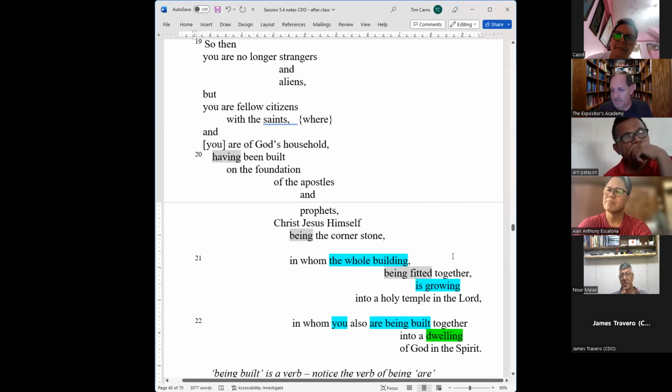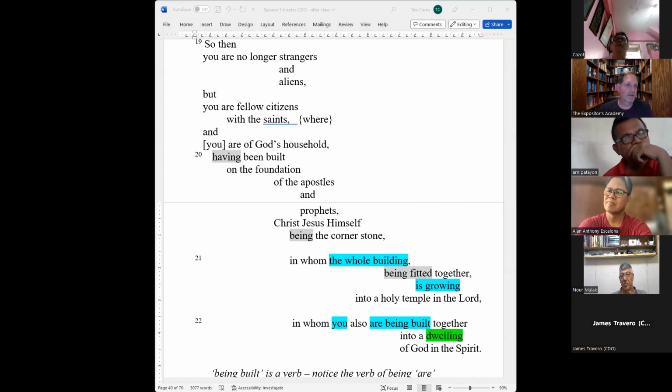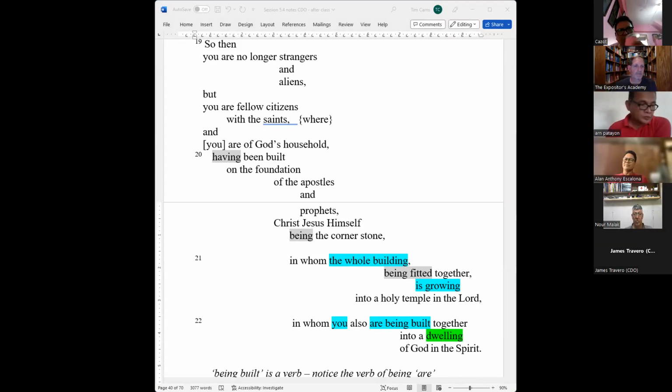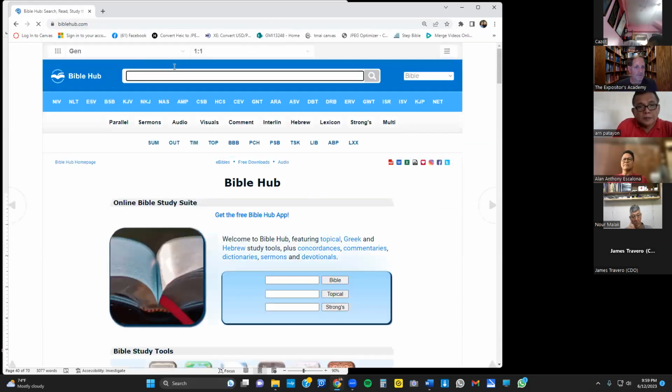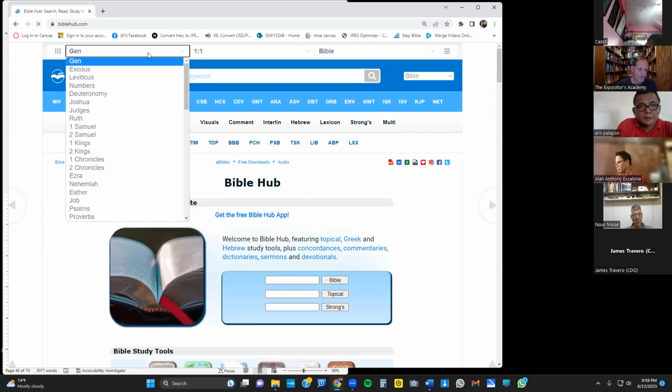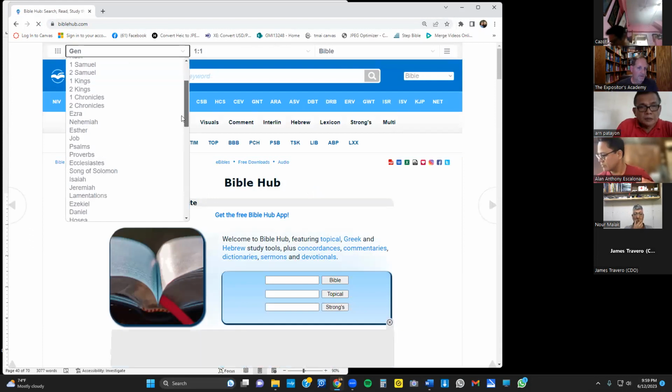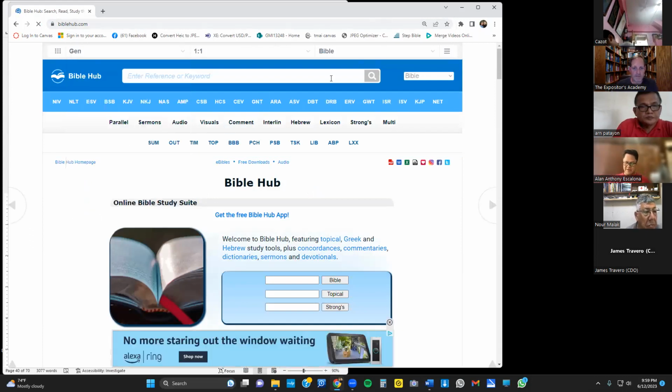What you can do is go to the interlinear. Remember our good friend Bible Hub. So you can go to Bible Hub, and let's just do this here. Let's hit interlinear.